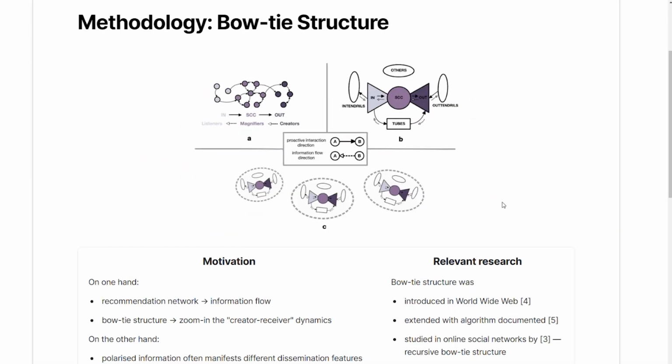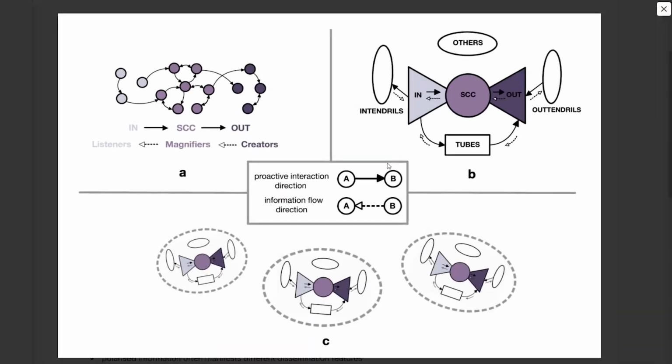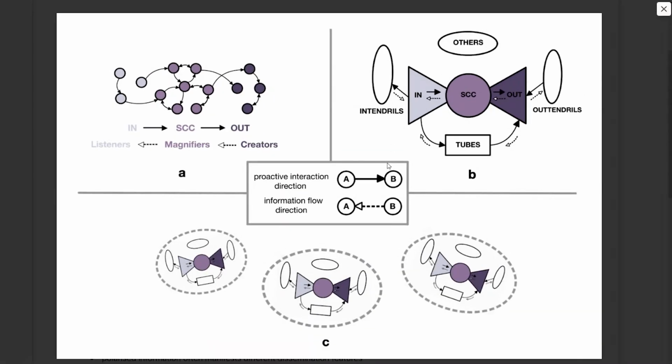Then later, I think in 2022, it was studied in the context of online social networks, where they studied the recursive bow tie structure. By recursive I mean they do the bow tie decomposition on each subgraph rather than the entire network. That's indicated in figure C.